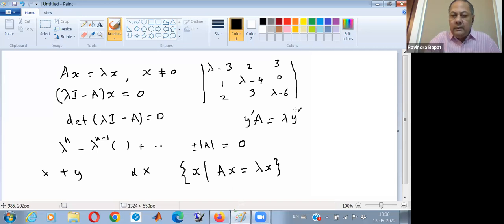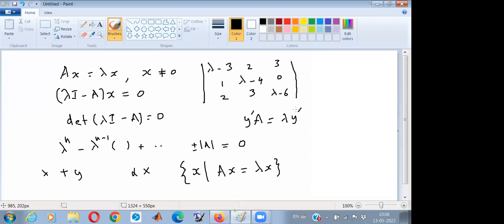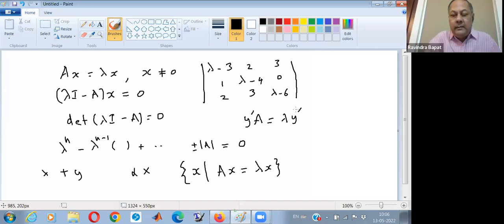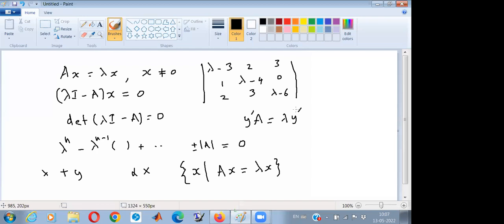That is the basic assumption we are making. So then with this assumption, we call lambda I minus A a lambda matrix. A lambda matrix is a matrix where the elements are complex numbers and lambda. But when we assume that lambda is commuting with the numbers, then we can calculate the determinant. Okay. Thank you.